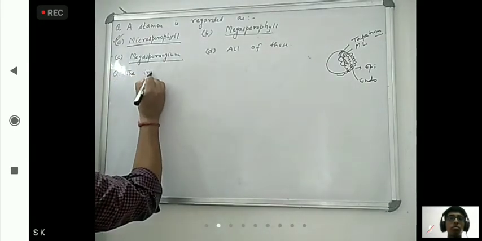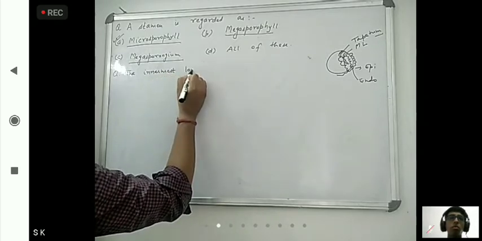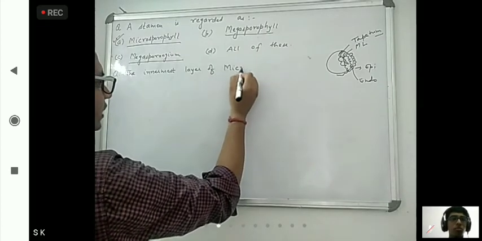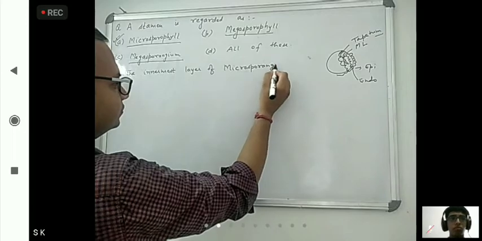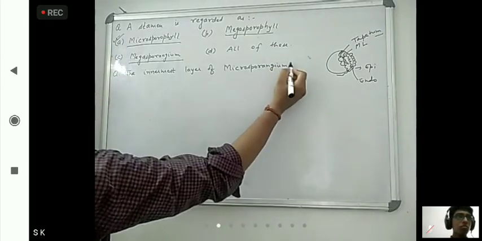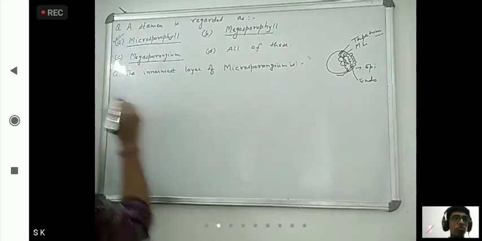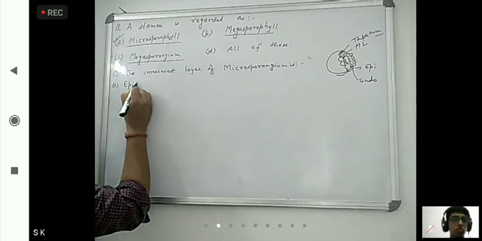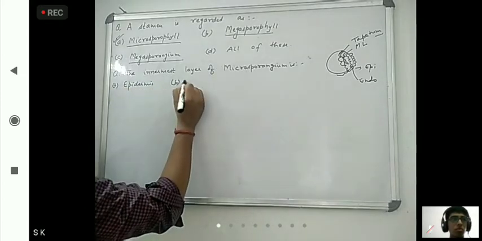The innermost layer of microsporangium is. Okay. Number one option is epidermis. Two is endothecium.